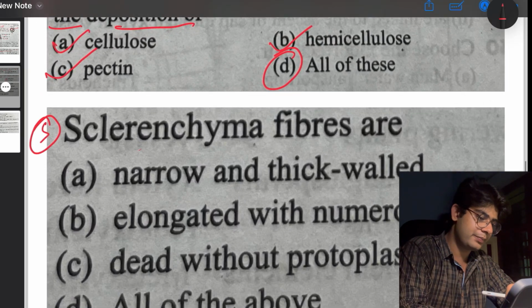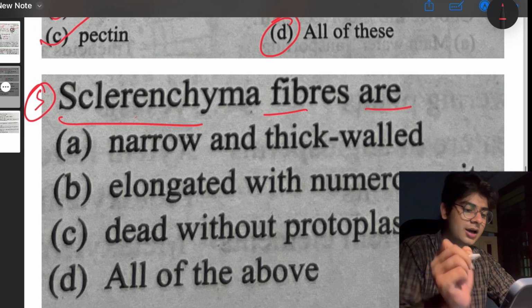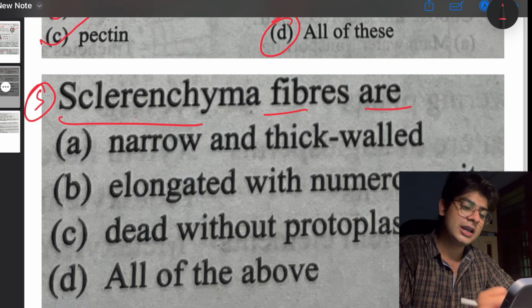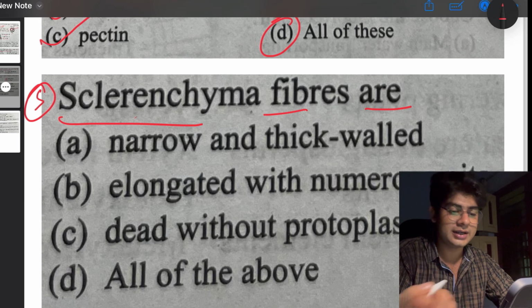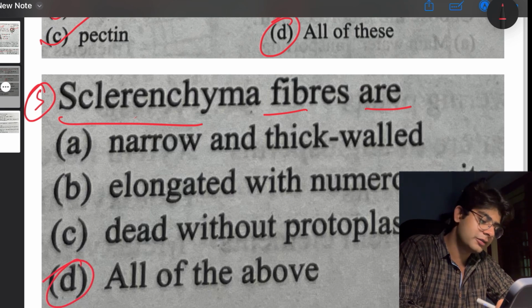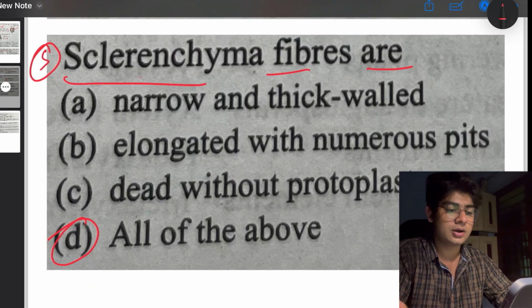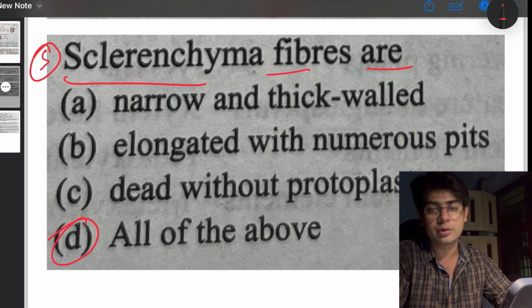Question number 5, sorry. Sclerenchyma fibers are narrow and thick walled, elongated with numerous pits, dead without protoplast, all of the above. You're right, it's pretty easy. It's all of the above. Because it has narrow and thick walls, elongated with numerous pits, dead without protoplast.